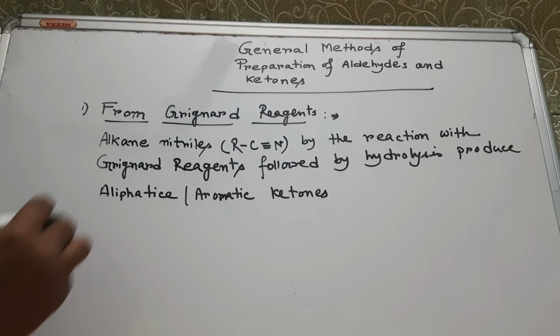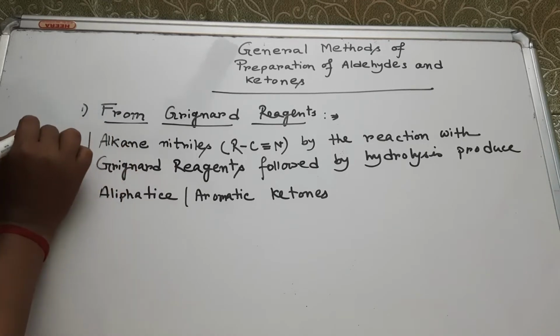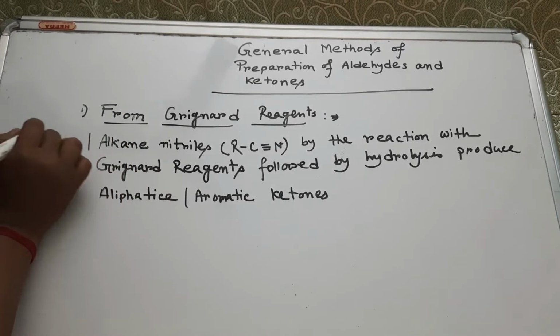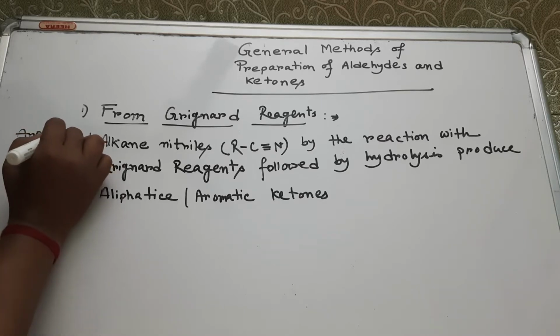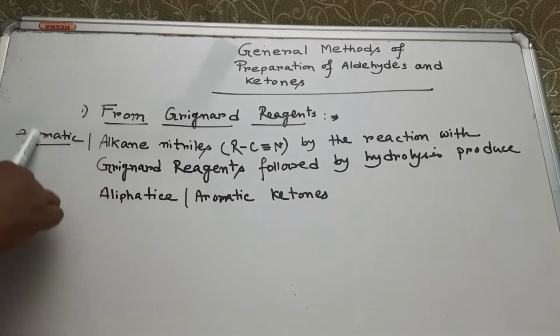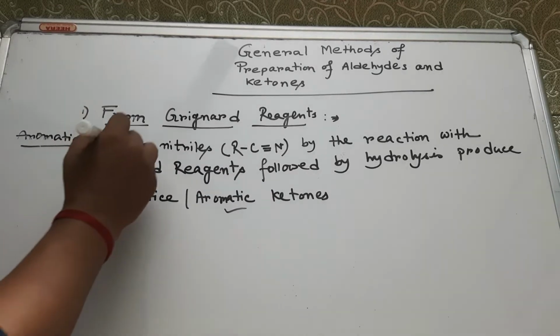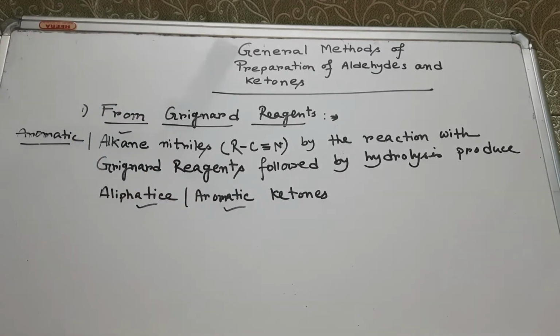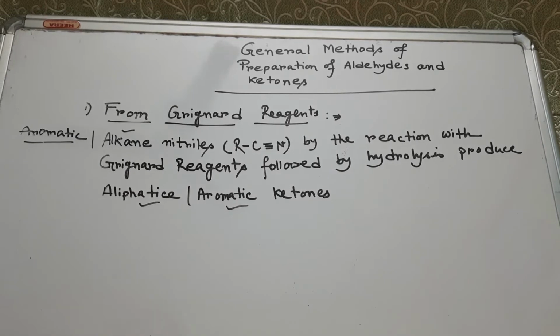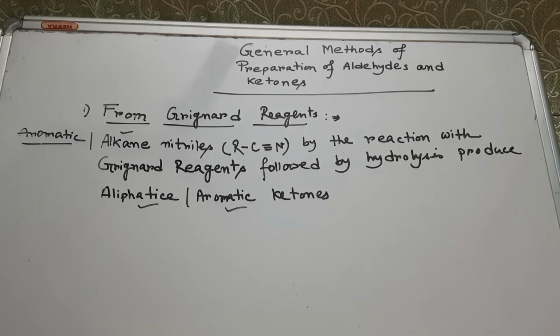So this is alkane nitrile or aryl nitrile, that is, aromatic nitriles. If you start from aromatic nitriles, you will get aromatic ketones, and if you start from alkane nitrile, you will get aliphatic ketones. Okay, so let's show some examples.